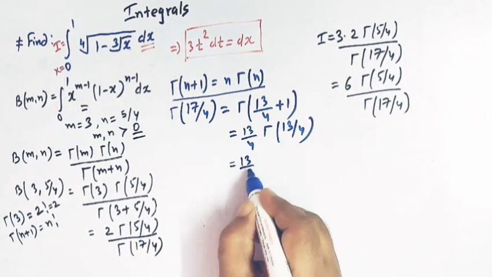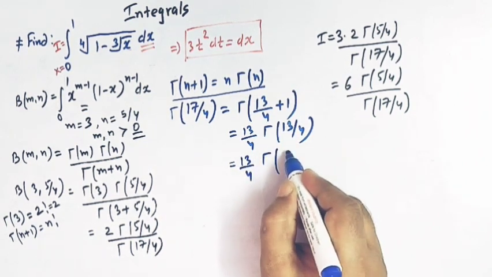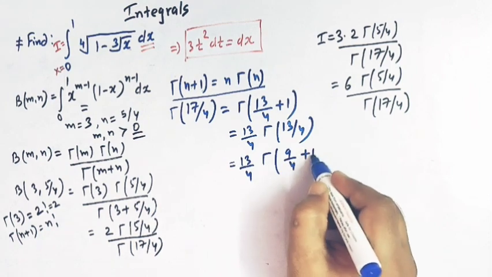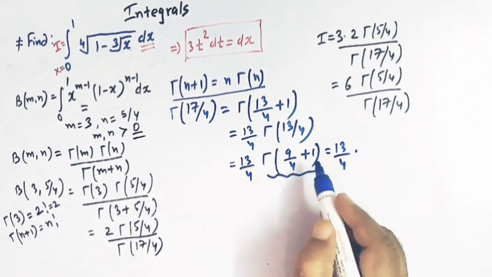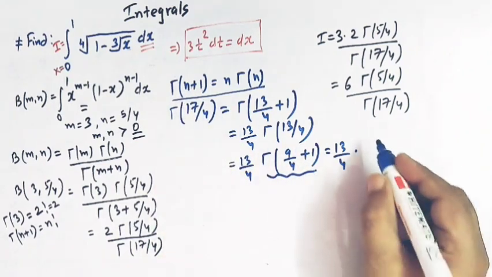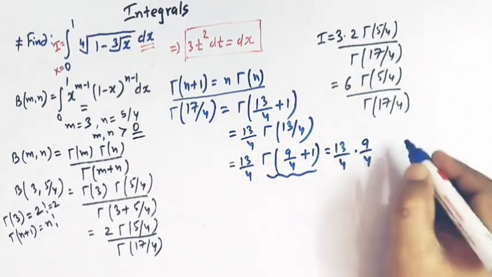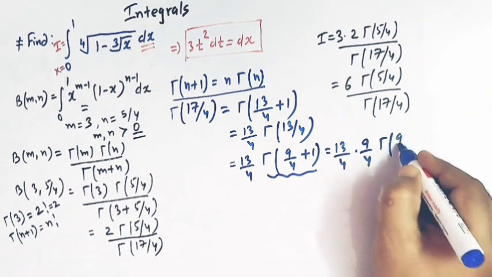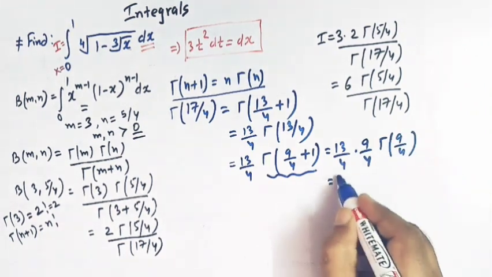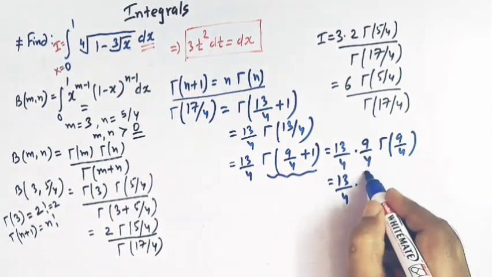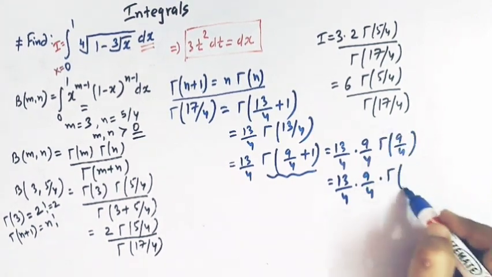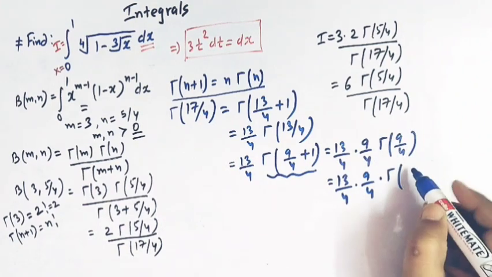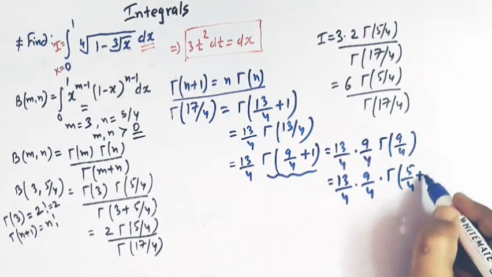Then we have 13 over 4 times gamma of 9 by 4 plus 1. So this is 13 by 4. Then again applying this result to this one, we have 9 by 4 and gamma of 9 by 4, right? So we can now write 13 by 4, 9 by 4, and again applying the same result to this one, we have 5 by 4 plus 1.